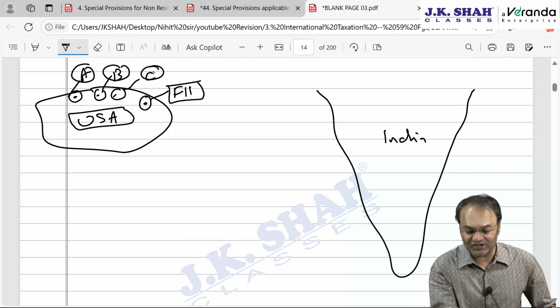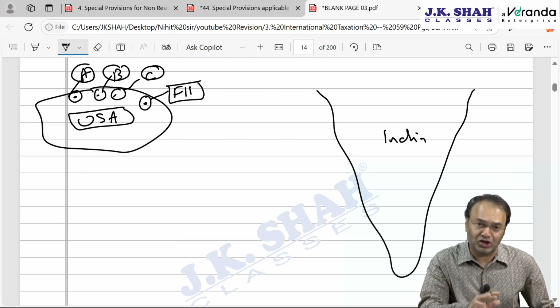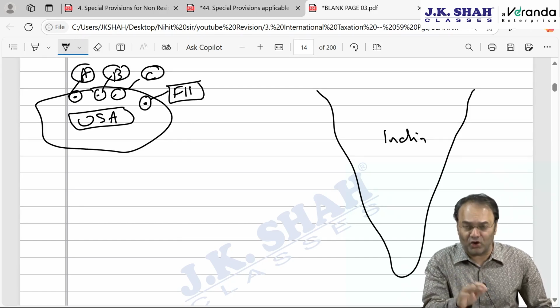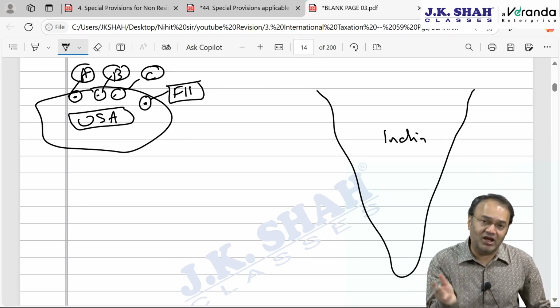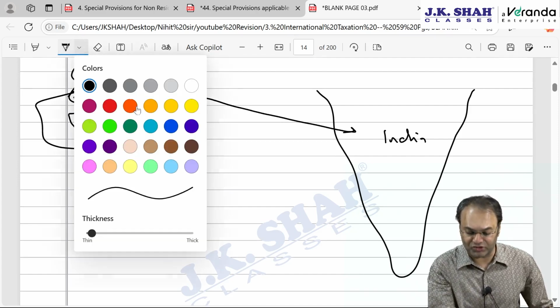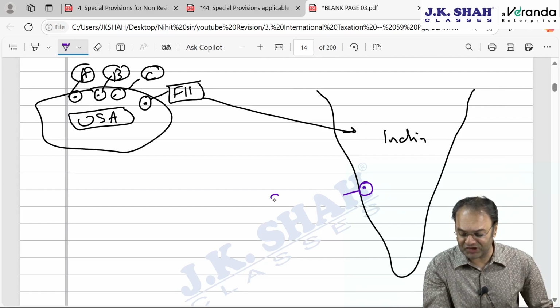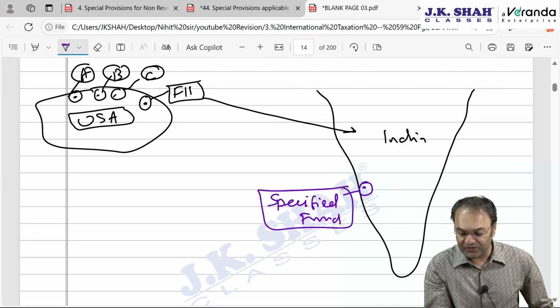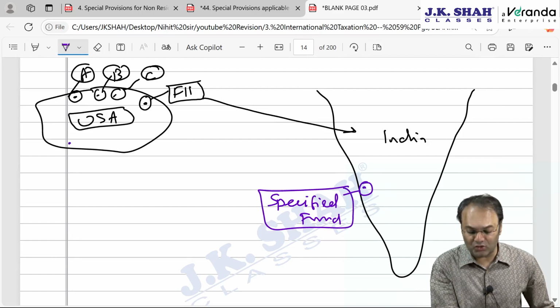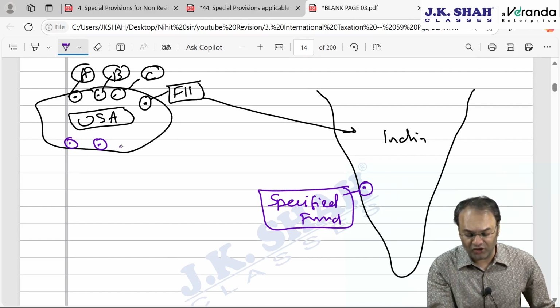So FIIs, they come to India, but they have investors located in foreign country, residents of foreign country, as well as FII is also incorporated in foreign country. They come to India for investment purpose. On the other hand, what is specified fund? Specified fund is the one which is set up in India, which is incorporated in India, and it has also investors who are residents of foreign country.